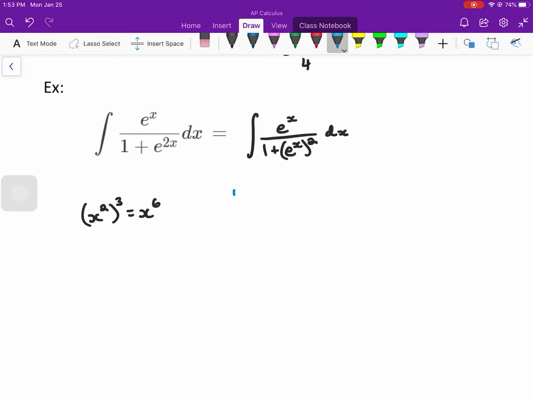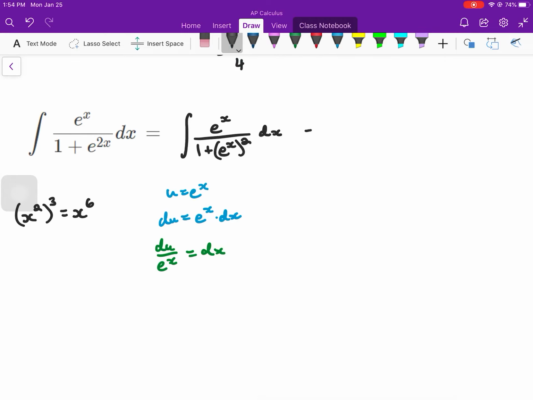So if we make u to be e to the x, then du is going to be e to the x times dx, chain rule. So then dx, well, we divide by e to the x, right? So du over e to the x equals dx. So this will be the integral e to the x over 1 plus u squared times du over e to the x.